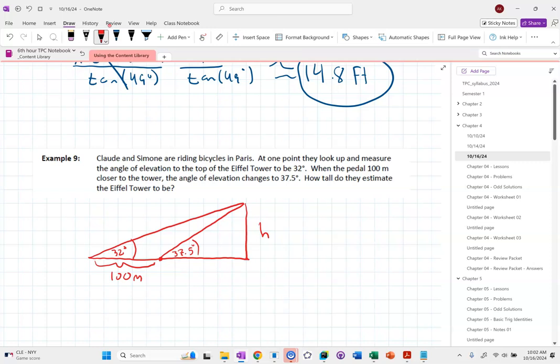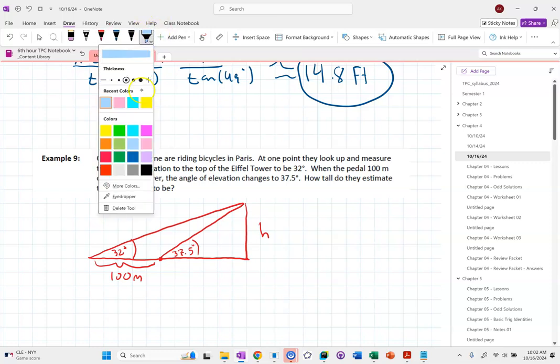Is everybody okay with the picture I've drawn here? So 32 degrees, we go 100 meters closer, now it's 37.5 degrees, and we're just looking for this H. So far, so good? So if I look at this picture that I've drawn, I see two right triangles.